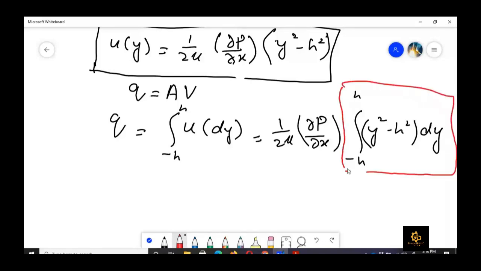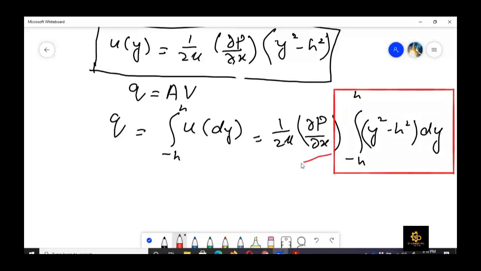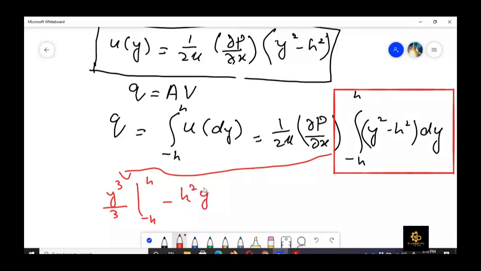So if I integrate it, yes, it would be y cube by 3 from minus h to h, minus h square y from minus h to h. So if we do that, it would be h cube by 3 plus h cube by 3. Why plus?